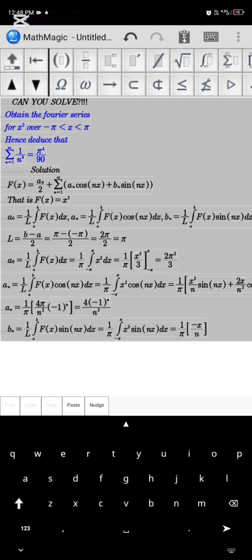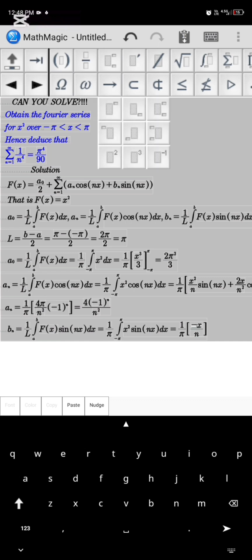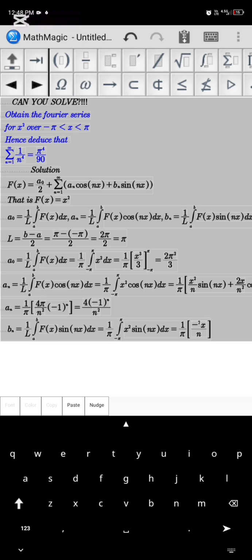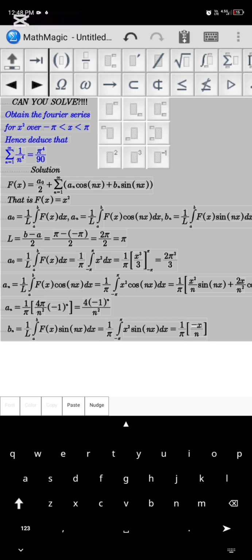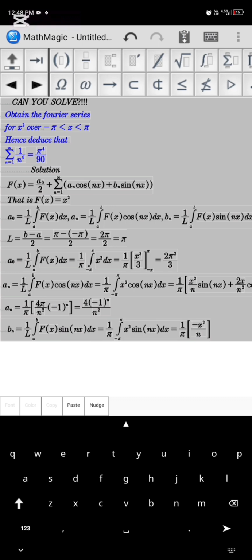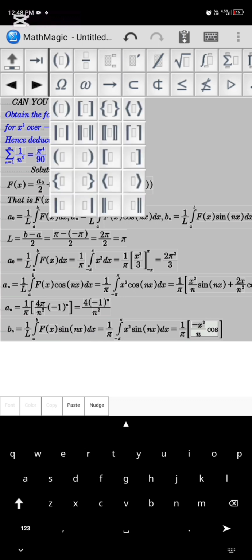Okay, so we have minus x squared, very sorry, it's because of my keyboard, minus x squared over n, multiplied by cos nx.